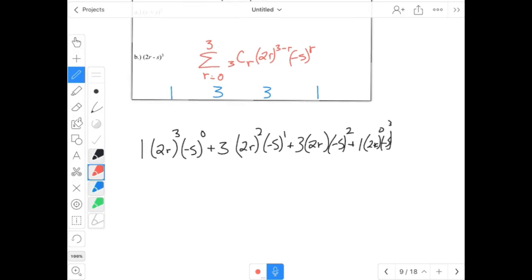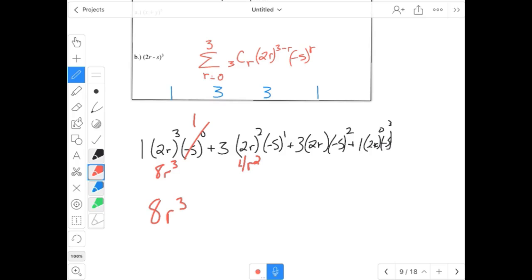So 2r to the third will be 8r to the third. That'll be a 1, so times 1, so we have 8r to the third. This one will be 2r squared, so that's going to be 4r squared times 3 times negative s.